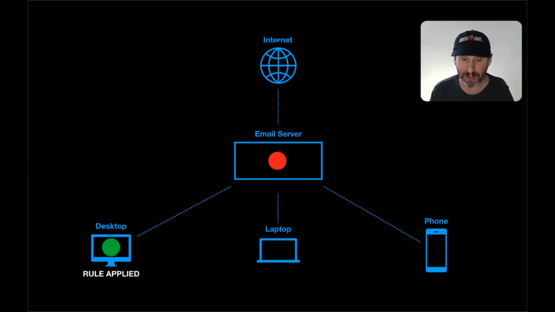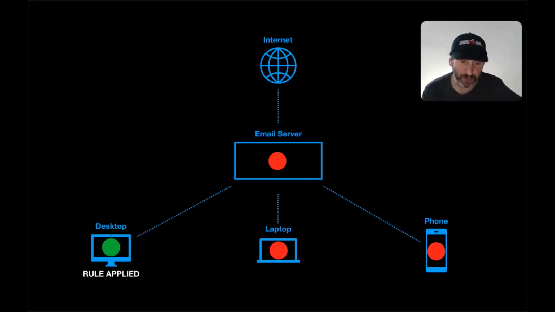And that's it. It would work great. But that's not how things work now. Now we've got multiple computers and other devices like phones, tablets, etc. So what happens is the email comes from the internet and goes to your server. From there it goes to all of your devices. Now if your desktop Mac is the one with the rule, it's going to apply that rule on the desktop. And then you end up in a state like this.